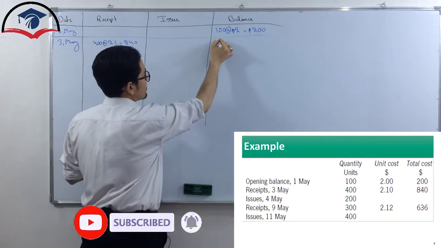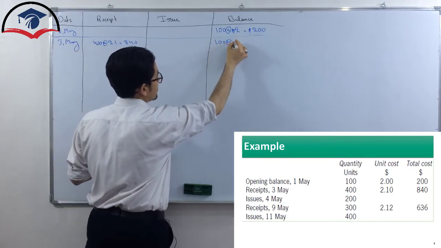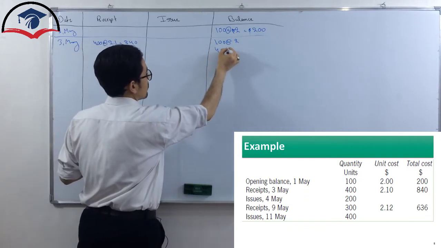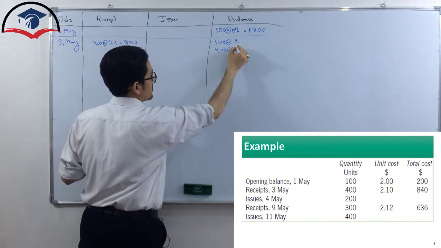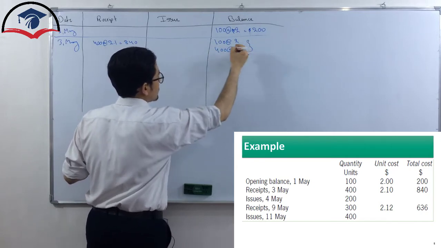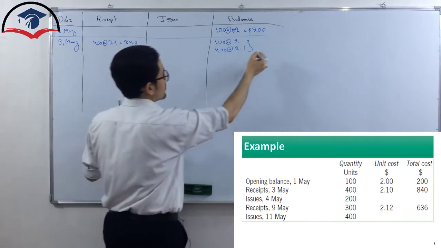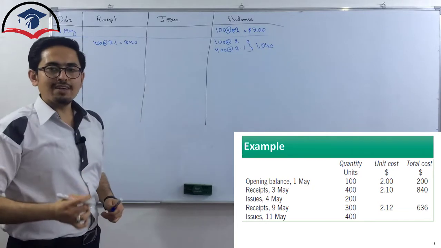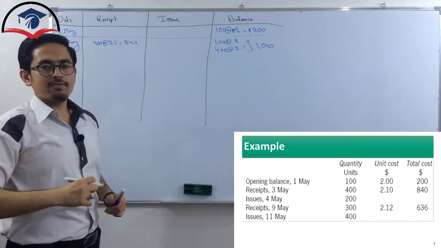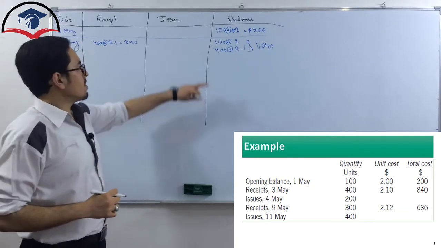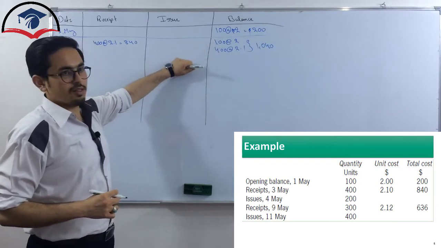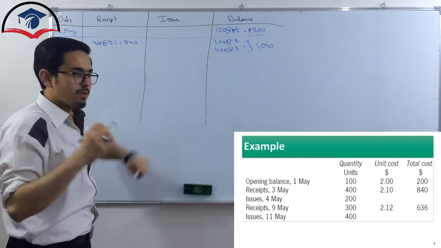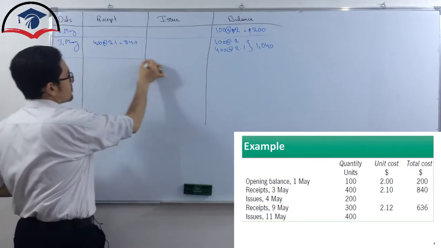So we're gonna distinguish these items: 100 units at the rate of $2 and the rest, 400 units at the rate of 2.1. The total, 200 plus 840, is equal to $1,040, the balance available at the end of 3rd May. Now, writing them separately will cause the issue and complexity with the LIFO. Remember that point. Let's continue.